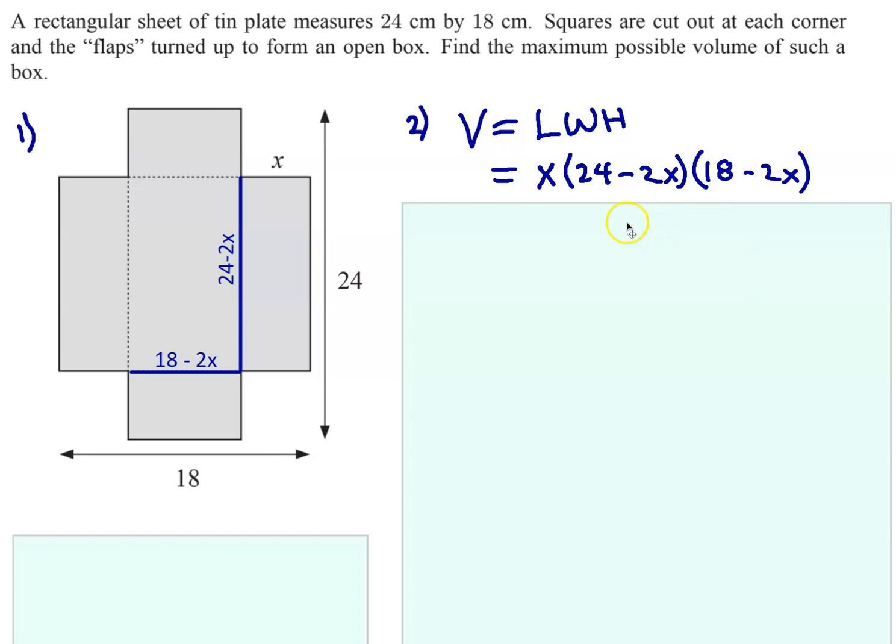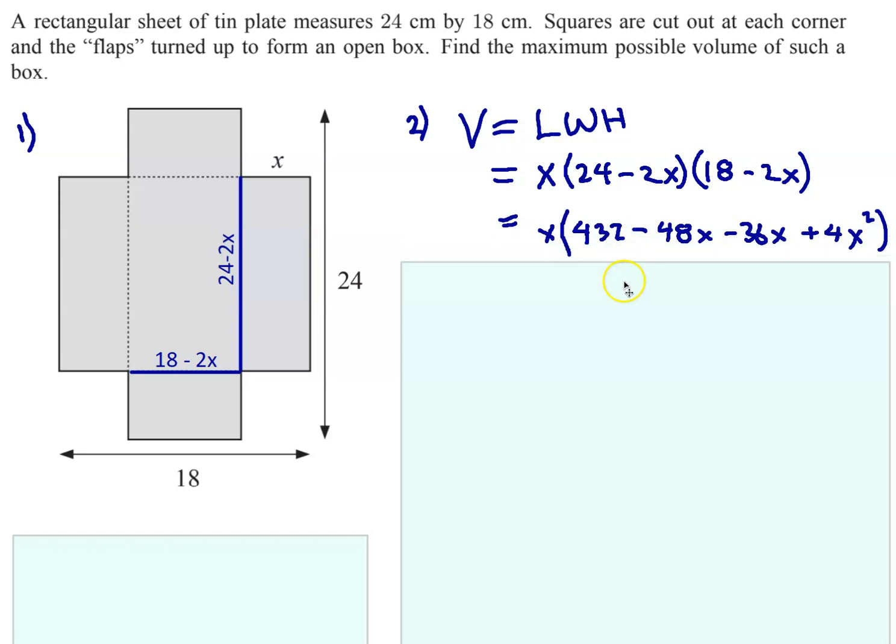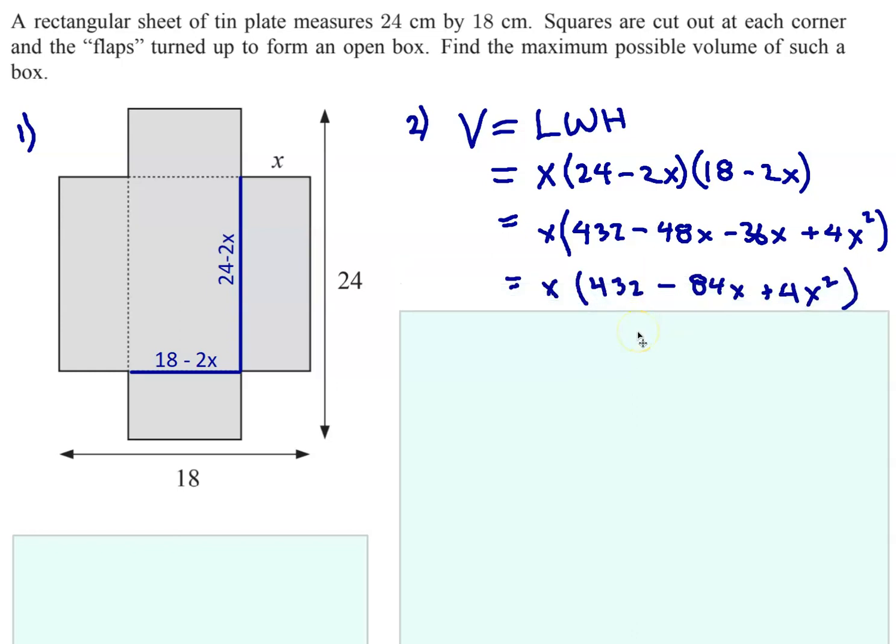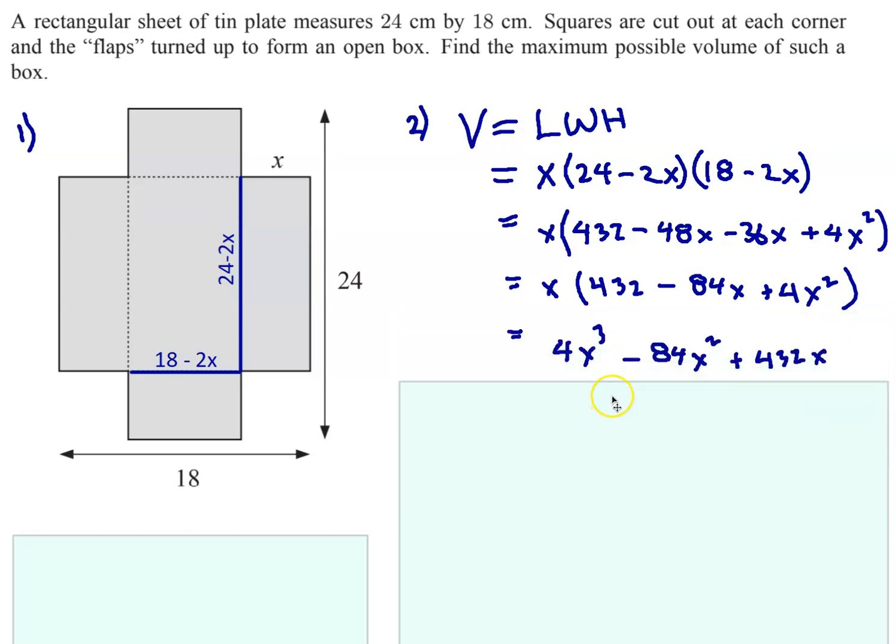Okay, hopefully you've had a go at that. I prefer to expand out these brackets first, which has given me that. If you've tried this yourself, you might want to check my answer. We then have to simplify it by adding or subtracting the like terms, and then we multiply through by x to get that.